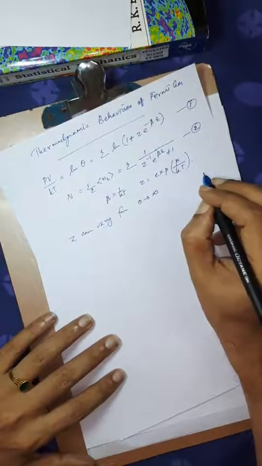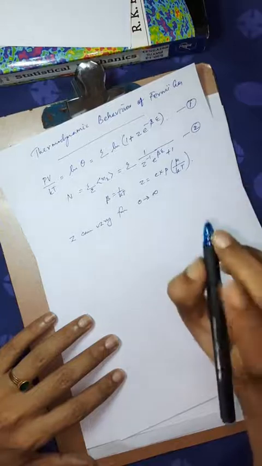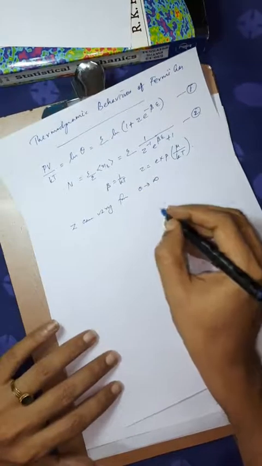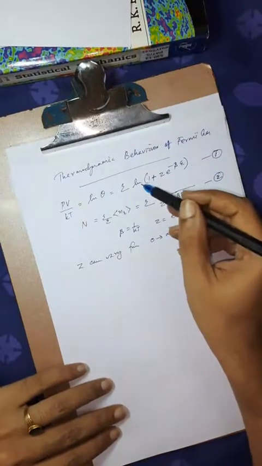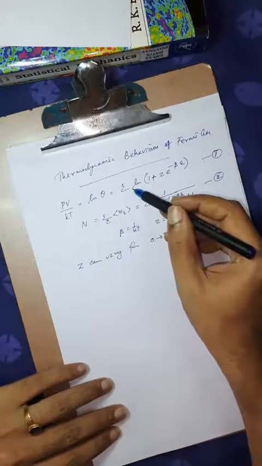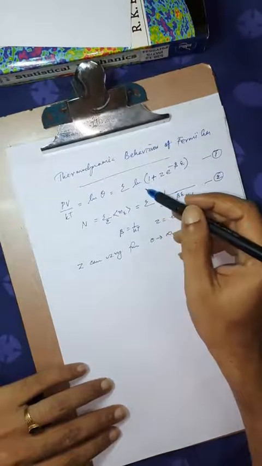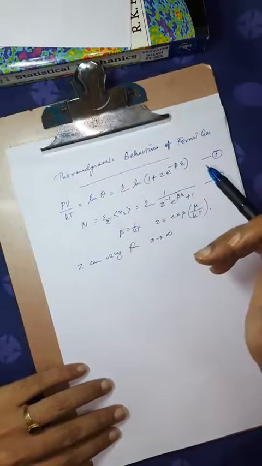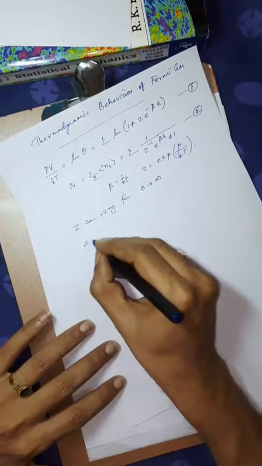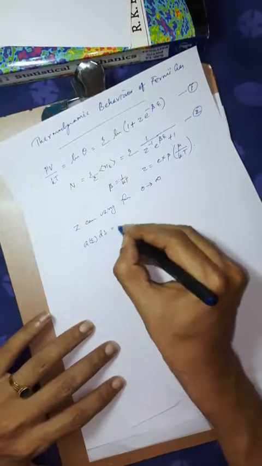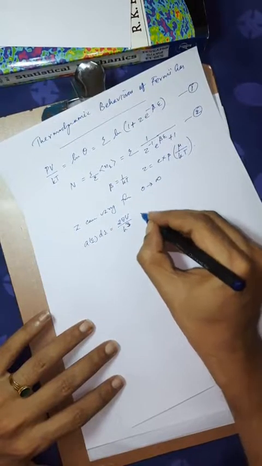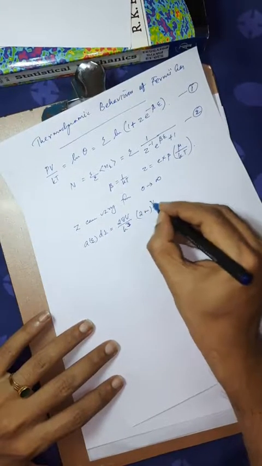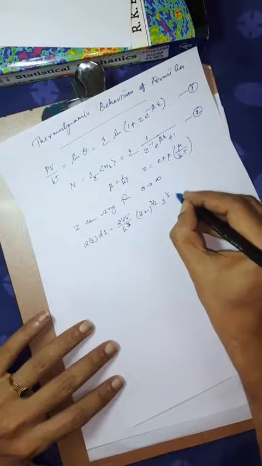There is one important information you should remember. There what we did was that we converted this summation to the integration with the help of the conversion factor, right? What was the conversion factor there? g(e) de is equal to 2 pi V by h cube, 2m raised to 3 by 2, e raised to half de.